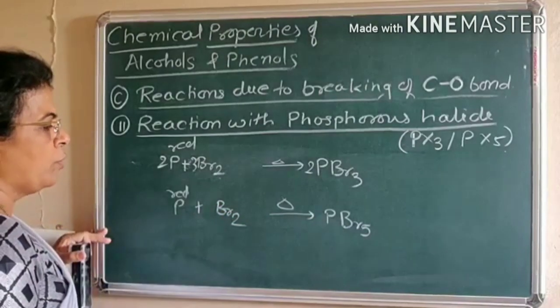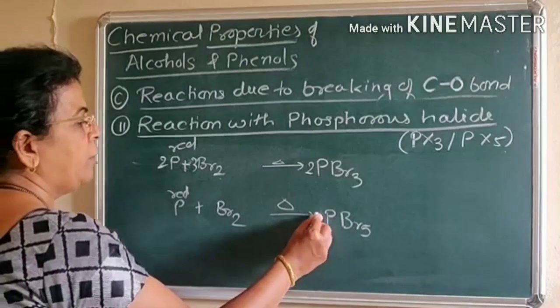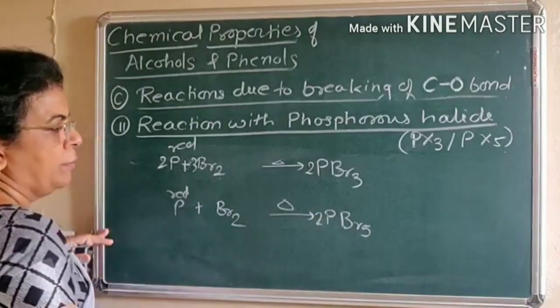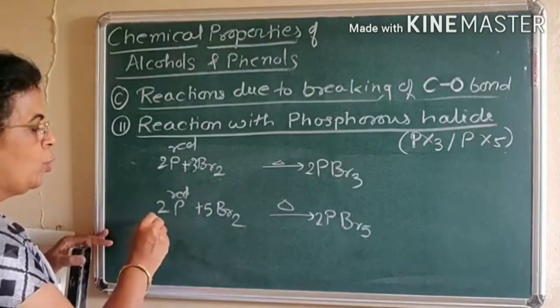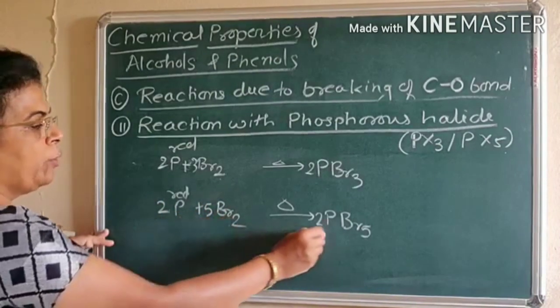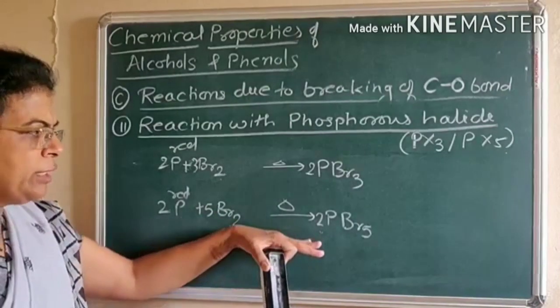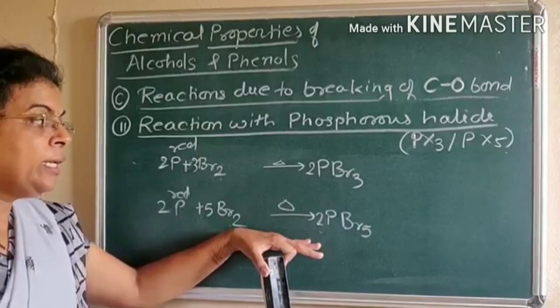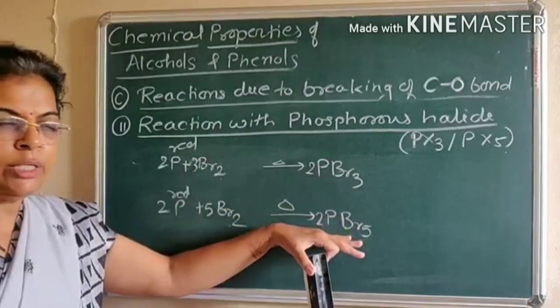Now here also we have to balance this reaction. Write here twice, then it becomes 10, here write 5 and it becomes 2P plus 5Br2 gives 2 molecules of PBr5. Now first this reaction is carried out and then reaction between alcohol and PBr3 and PBr5 is carried out.